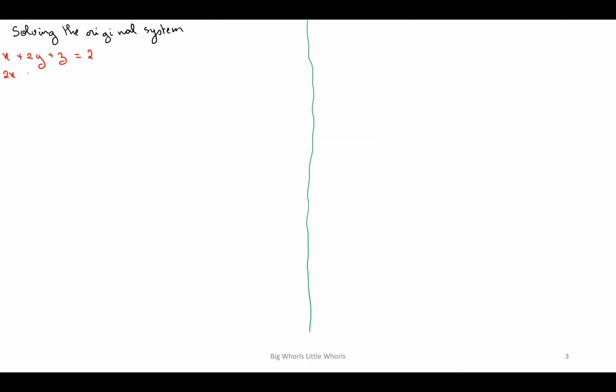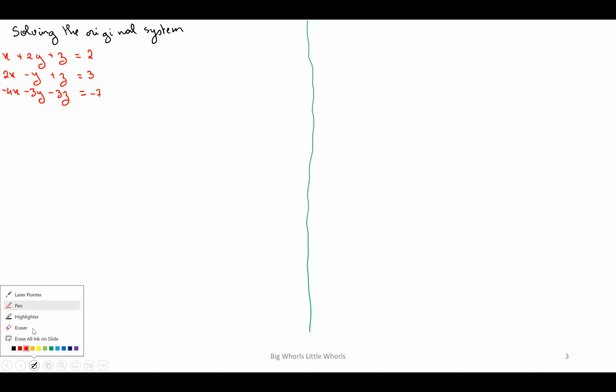x plus 2y plus z equals 2, 2x minus y plus z equals 3, and minus 4x minus 3y minus 3z equals minus 7. I think my 3's and z's kind of look the same.